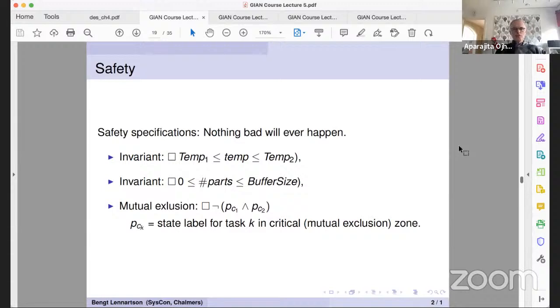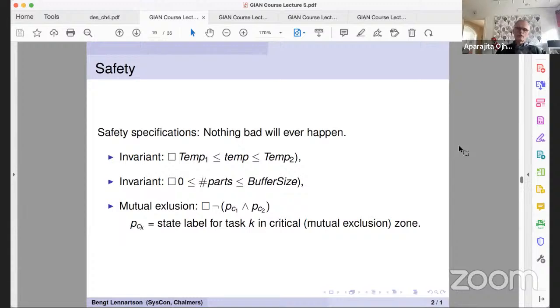Invariant specifications are typically what is specified, or you could say that safety specifications have this always operator at the top, so to say. So, always the temperature is in between two levels, temperature 1 and temperature 2, that interval.